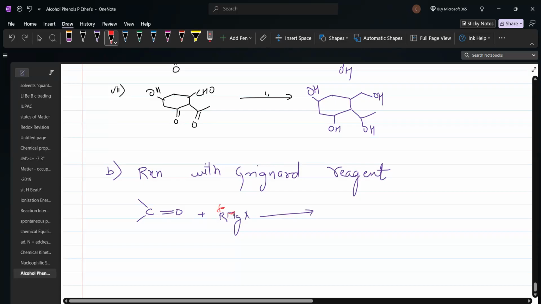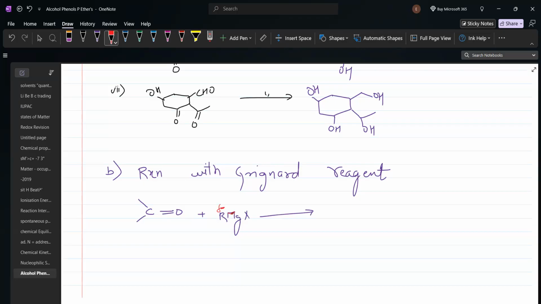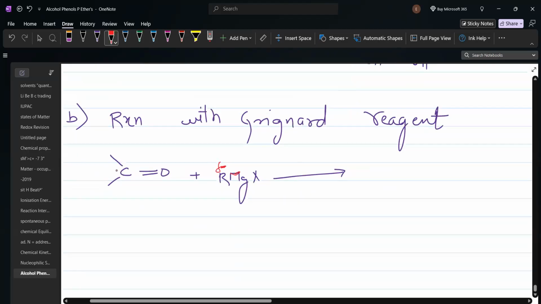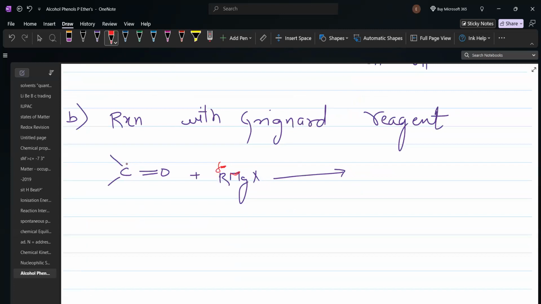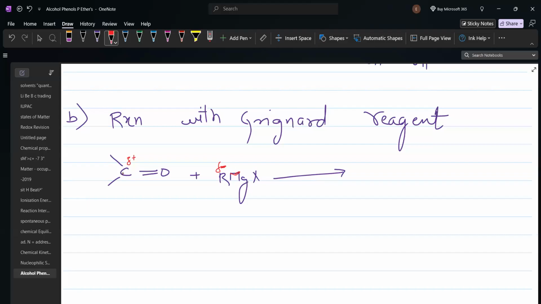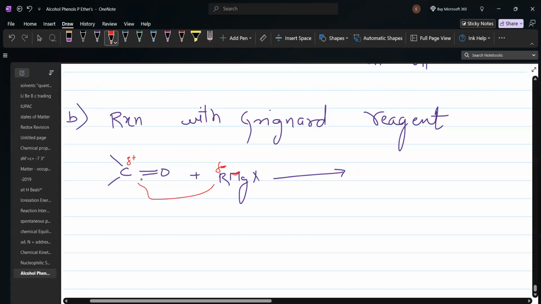Magnesium is a metal, so it has a positive charge, and this alkyl carbon has a partial negative charge. In the carbonyl, oxygen is highly electronegative and attached to carbon, so this carbon will have a partial positive charge. The negative will get attracted to this positive one, so it will attack on this carbon.